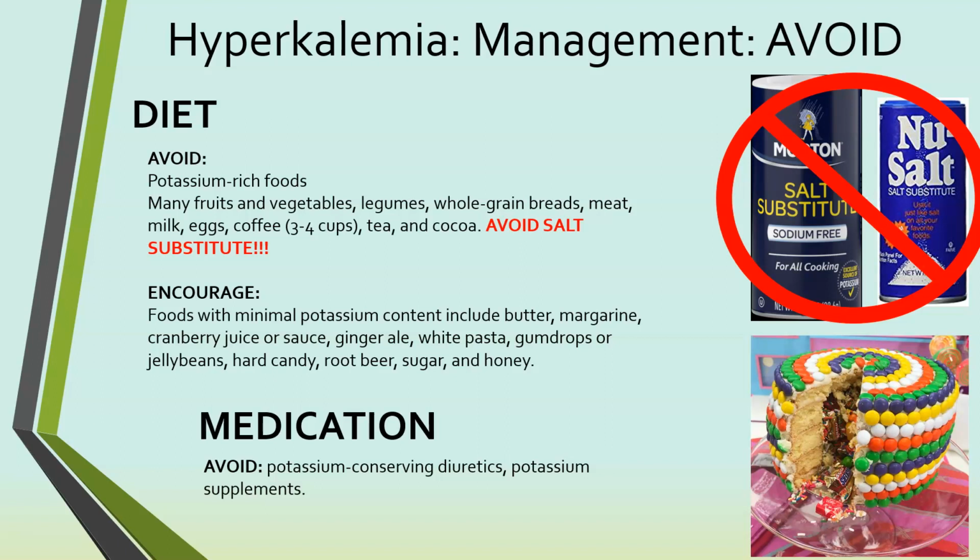But a salt substitute kind of tastes like salt, but it's very high in potassium. You want to encourage foods that have lower potassium contents in them, and medications, avoid potassium-conserving diuretics like spironolactone and potassium supplements.